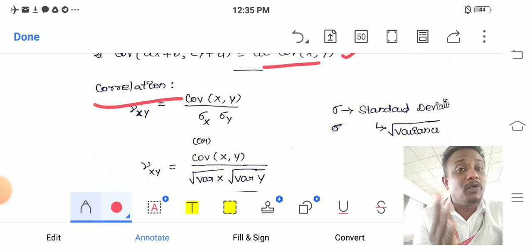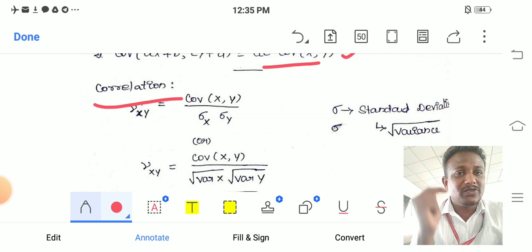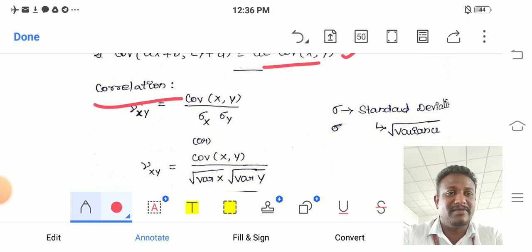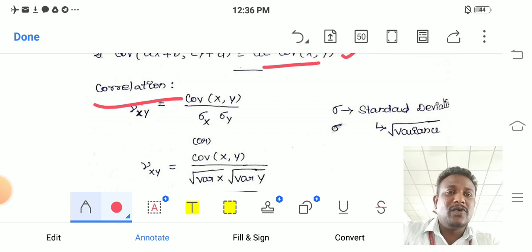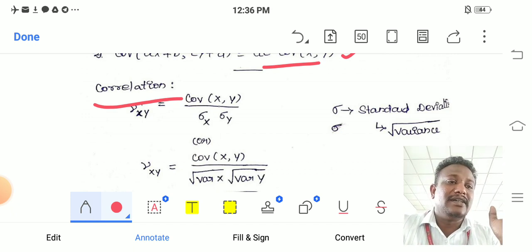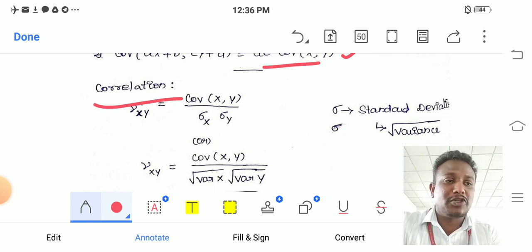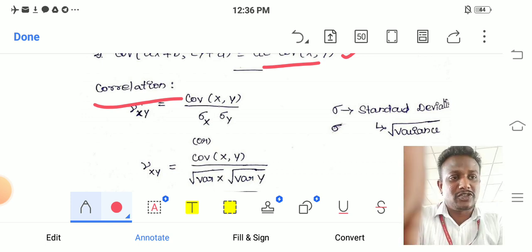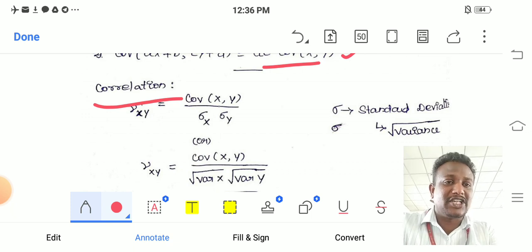Suppose you have more than two variables, then how would you calculate the difference? Here you have to use the correlation concept to calculate the difference between two or more random variables. So correlation is a strong formula, wherever you want to analyze the difference between two or more random variables, you just use correlation. It will definitely give you better results when you compare with covariance.